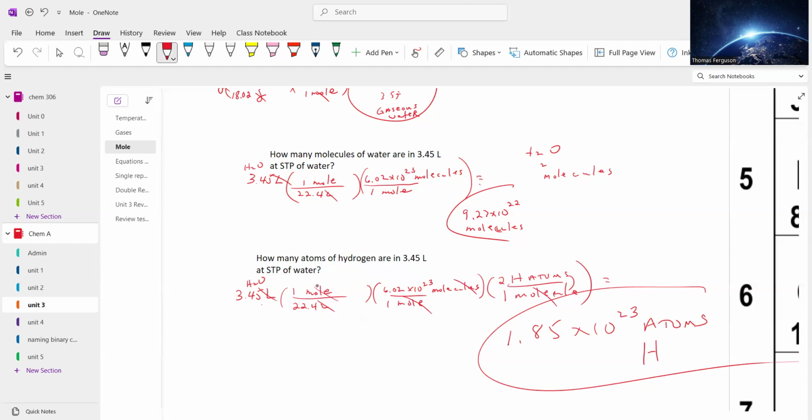Yes, I understand that, but why is there 2 H atoms and 1 molecule? This is like 1 bicycle, 2 wheels. You have 2 wheels for 1 bicycle. Okay, 2 atoms for 1 molecule of water. Oh, I see. Okay.